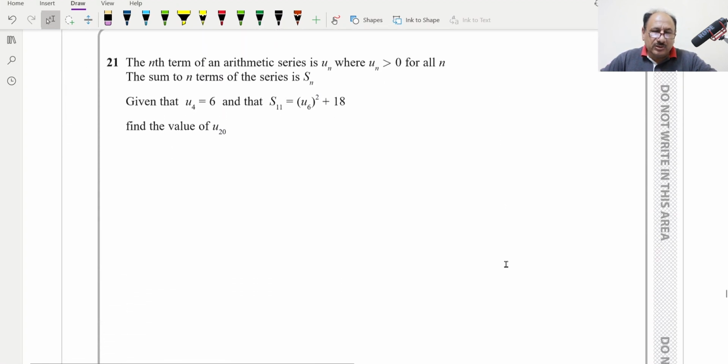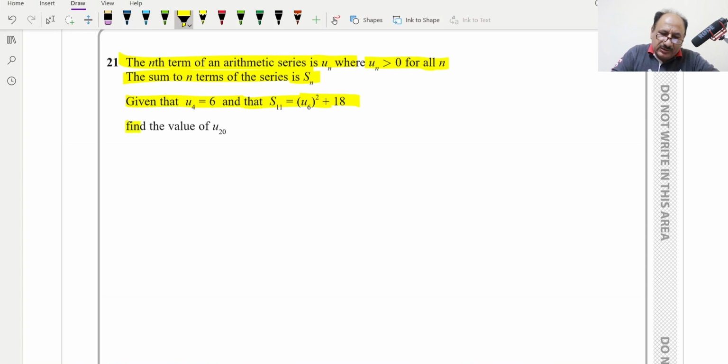Now question number 21, this is a sequence and series question. The nth term of an arithmetic series is un, where un is greater than 0 for all n. The sum of n terms of the series is Sn, and given that u4 is equal to 6 and S11 is equal to u6 squared plus 18, find the value of u20.